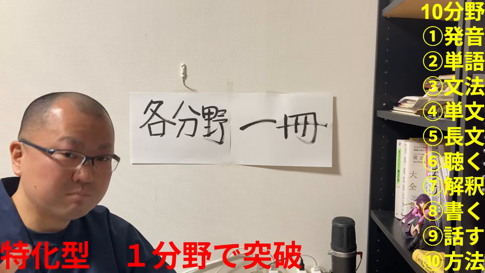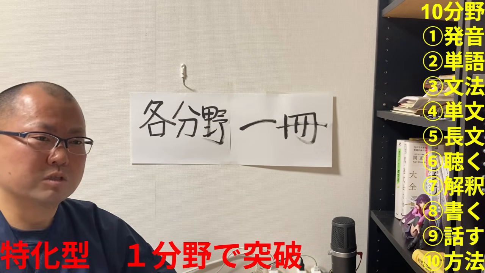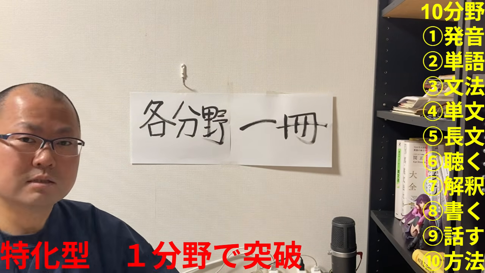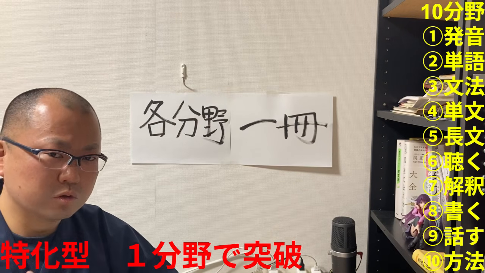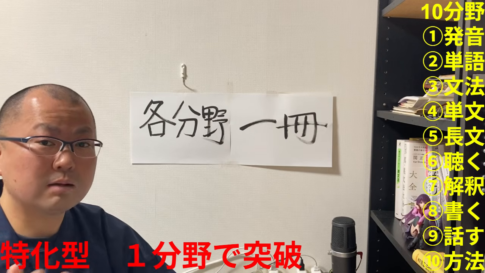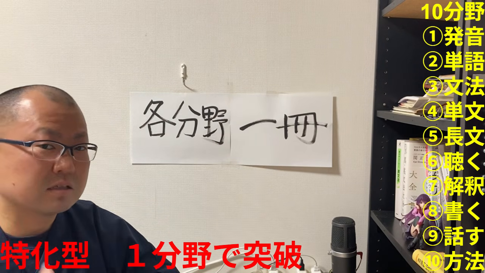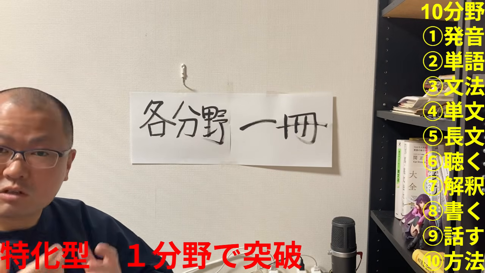But remember, I don't deny the approach of the specialist. Some people want to do the same kind of activities again and again. For example, if you love to sing a song in English, just go for it.